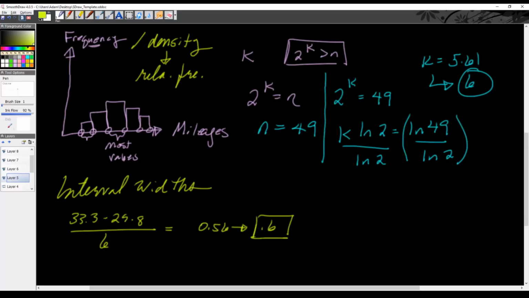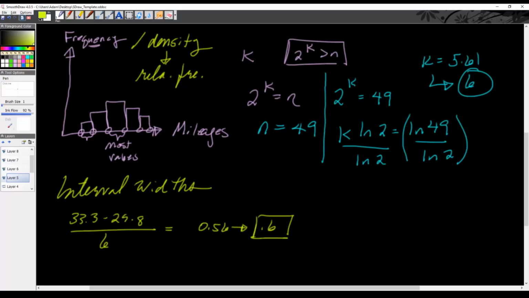So the class width is the distance between the lower limits of consecutive classes. Now we've got the class width, and that's just the distance between the lower limits of consecutive classes. So we'll see that there are 6 classes. The distance between the lower limits is the class width. Once we have the class width, you can create the first interval by adding 0.6 to the smallest value of the variable, the smallest mileage.